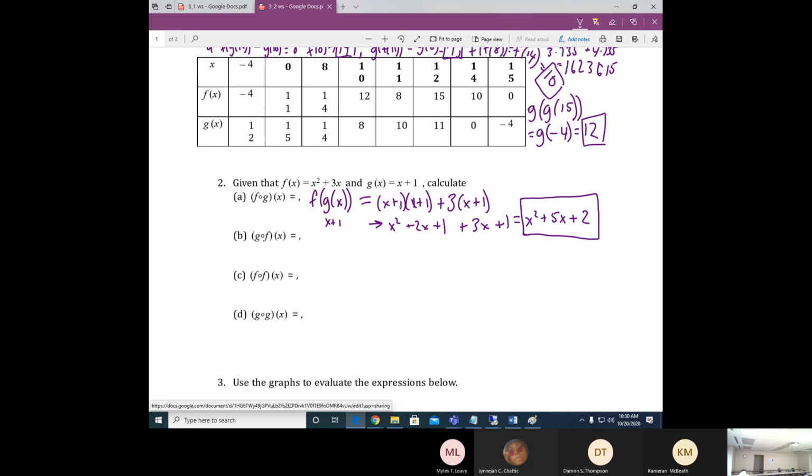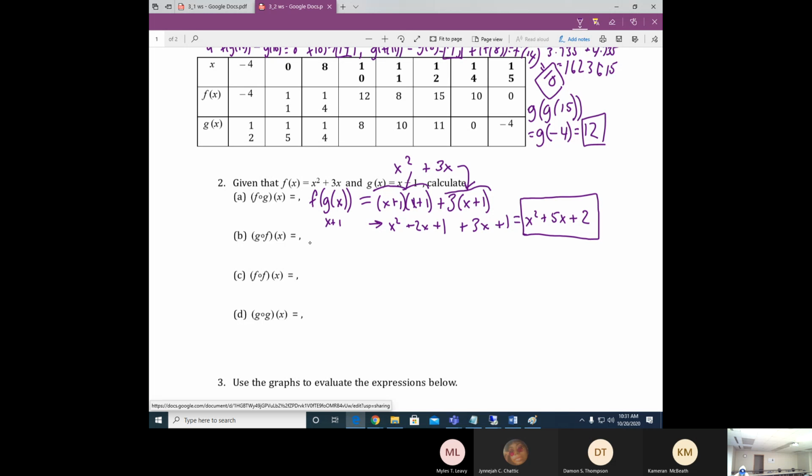Wherever I see an x in f, I put what g is where that x was. So x squared becomes this, plus 3x becomes this. So x plus 1 gets multiplied by itself, and x plus 1 gets multiplied by 3. That's what the composition is.